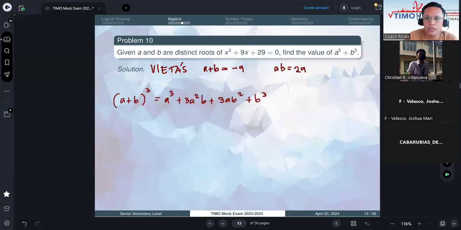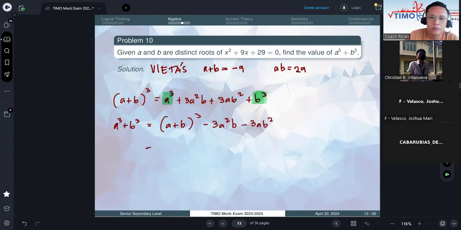But we are looking for a cubed plus b cubed, so this is the thing that we are going to solve. So you will have a cubed plus b cubed equal to a plus b quantity cubed minus 3a squared b minus 3ab squared. But simplifying the second and the third term, you can factor out 3ab and be left with a plus b.